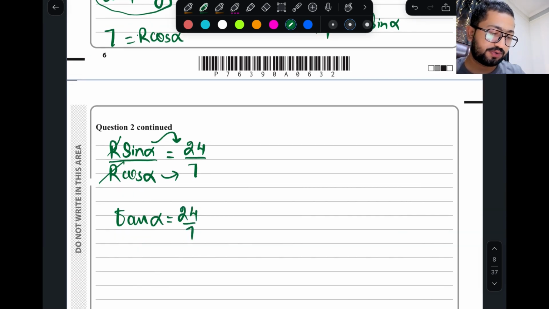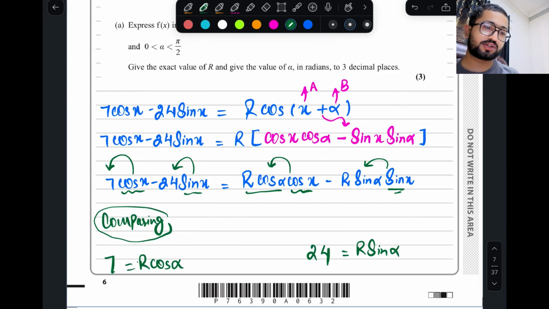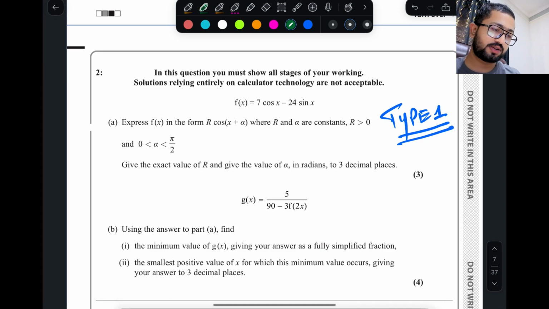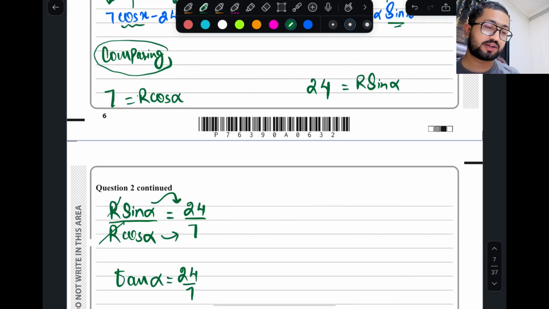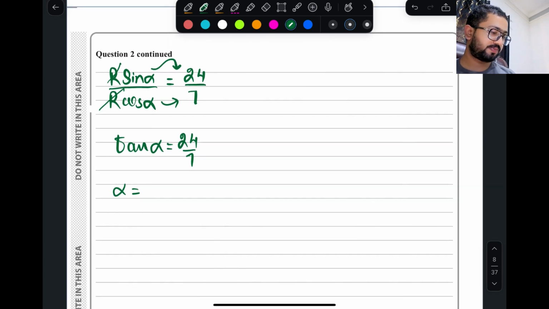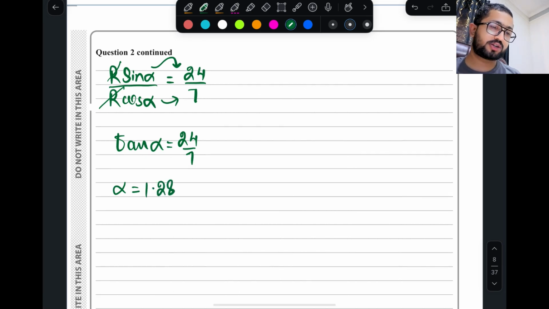Now just take the inverse to find the value of alpha. Make sure your calculator is in radian mode, because this question is in radians. Otherwise you will not get full marks. So the answer will become 1.28.